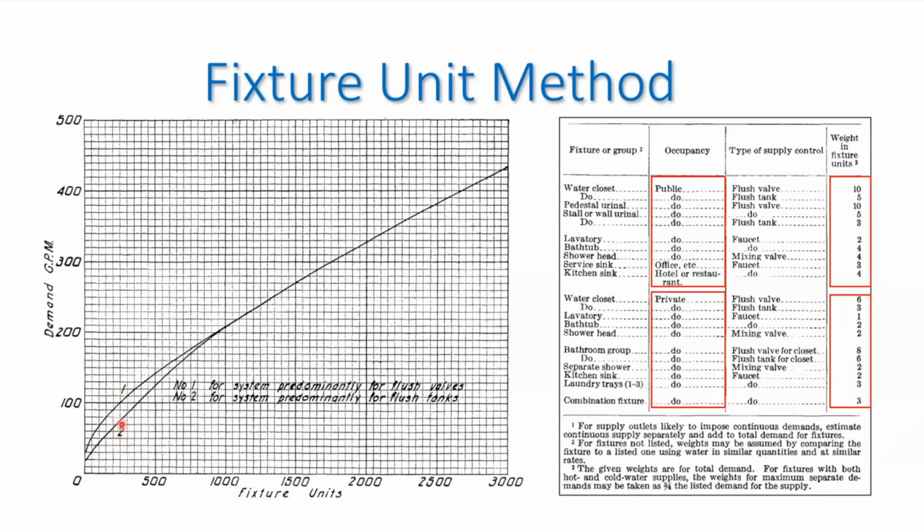You would just rise vertically till you intersect the curve, and then you would move over to the y-axis, and that would give your estimated demand for that number of fixture unit values.